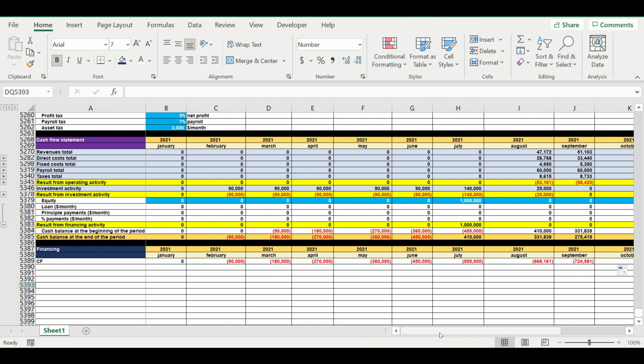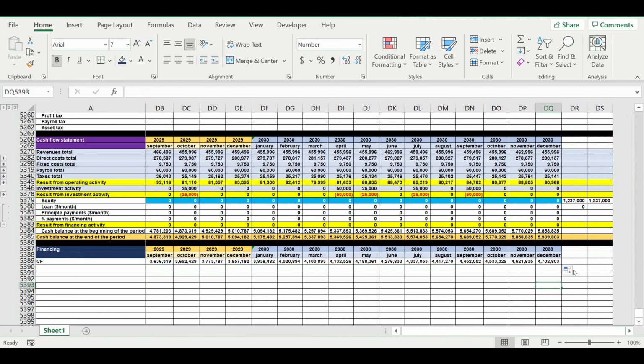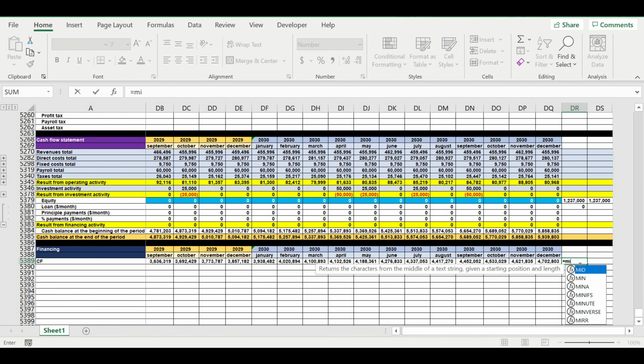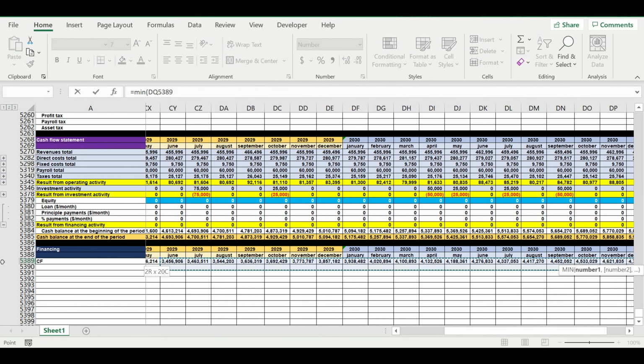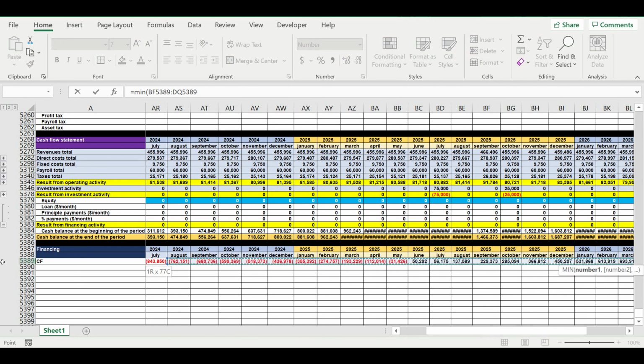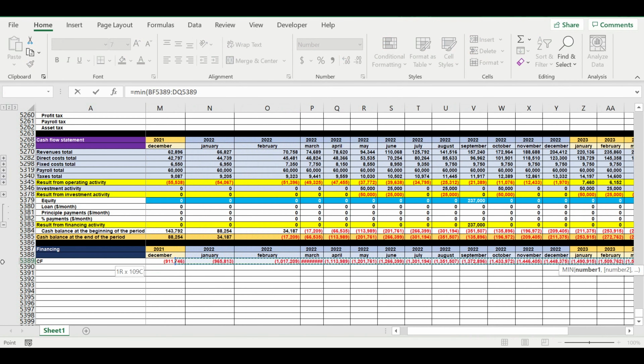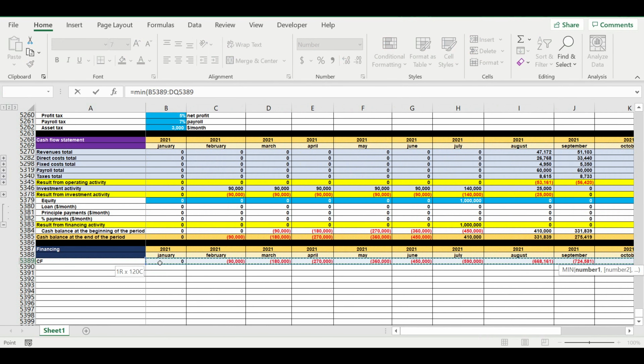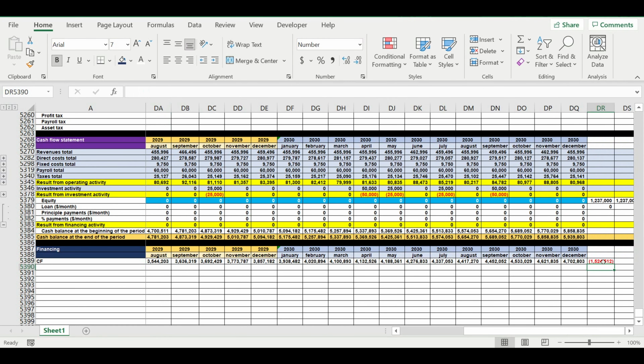And now we will just find a minimum value inside this timeline. So this is the minimum value inside this timeline.